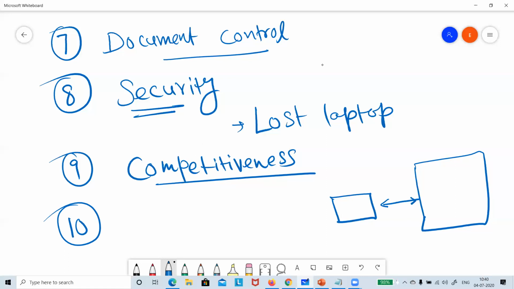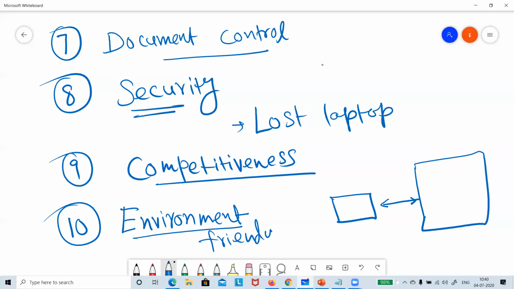Last but not the least, we talk about environment. I would say it would be environment friendly. Can you think how?